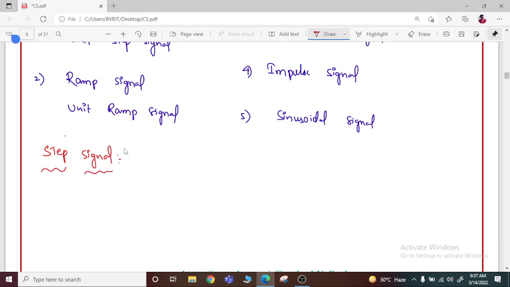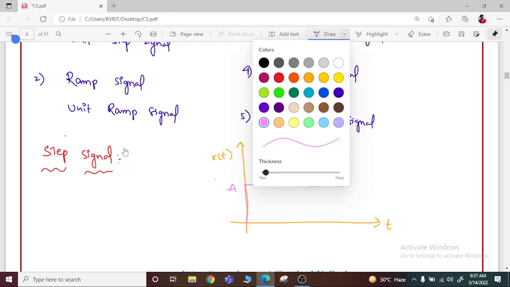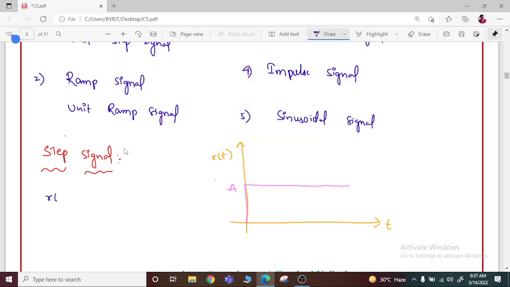So step signal can be represented like this. This is the time t and this is the input R of t. Then the step signal can be like this. Let us take this as A. Then the mathematical representation of the step signal R of t is 1 if it is a unit step signal for all t greater than or equal to 0, and it is equal to 0 for all t less than 0.